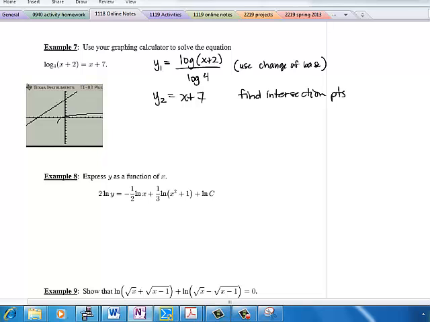This linear function, the x plus 7, is always going to be growing more quickly than this logarithmic function. So the logarithmic function is not going to grow quickly enough to catch up with that line x plus 7. So there are no intersection points. So there's no solution.